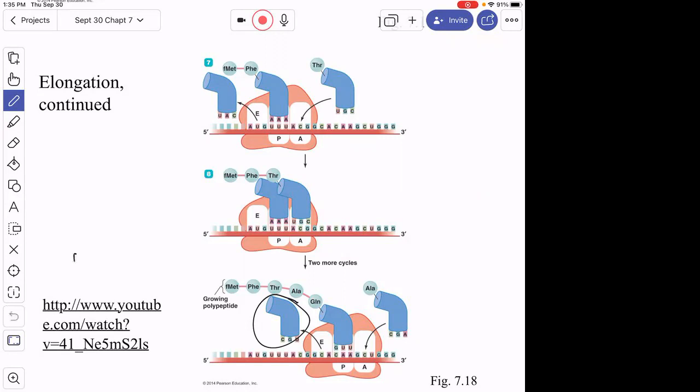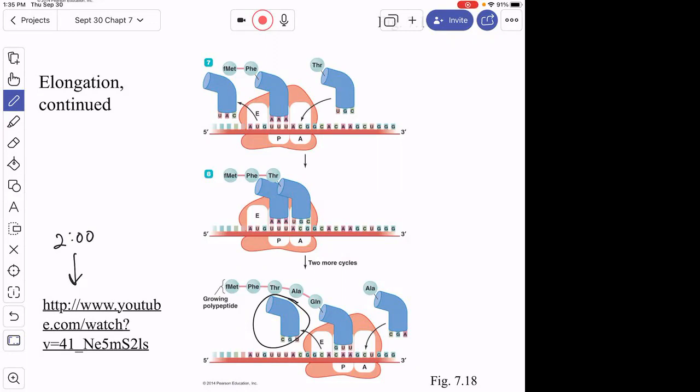I found a good YouTube video here. If you start it, it goes through transcription a little bit first, and then at about 2 minutes, it starts showing a drawing of what translation looks like. It's really quite interesting.